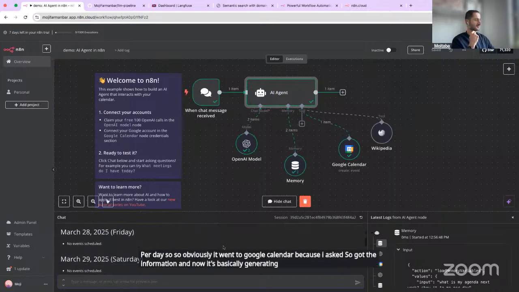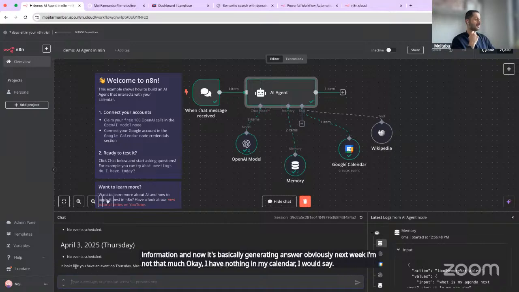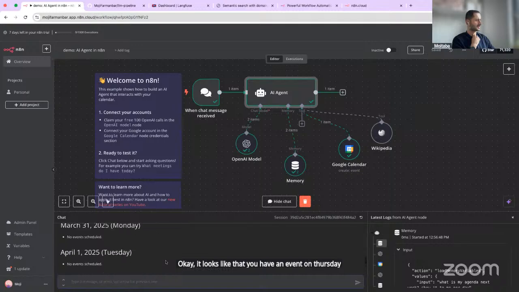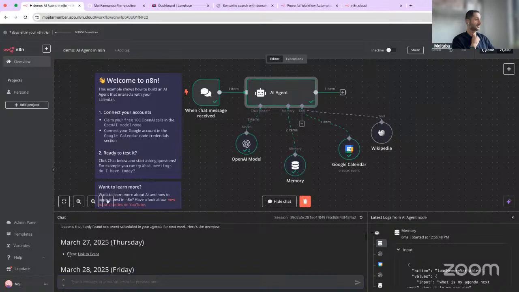Obviously next week I'm not that busy, I have nothing in my calendar, I would say. Okay, it looks like you have an event on Thursday, but no other things. That's good. It also put a link to the event.